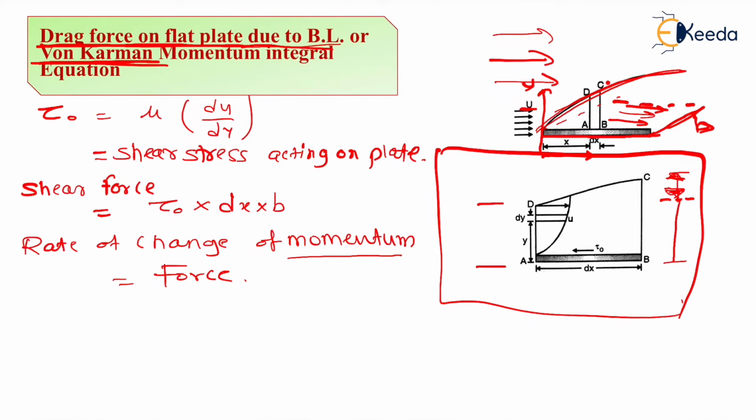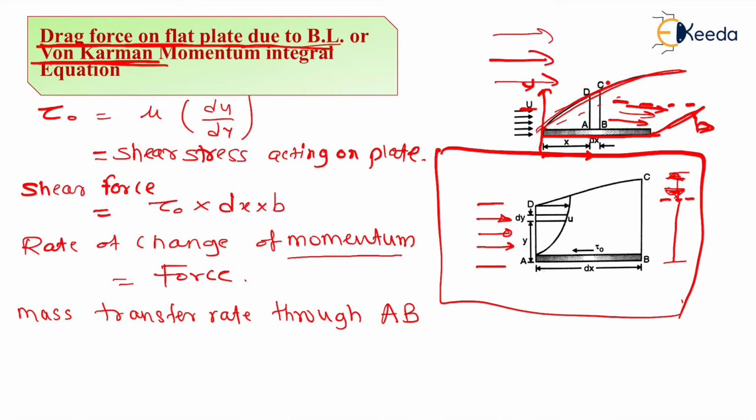So mass transfer rate through portion AD. Say for example, I am showing some mass as m or m1. So this mass m1 is entering through section AD.